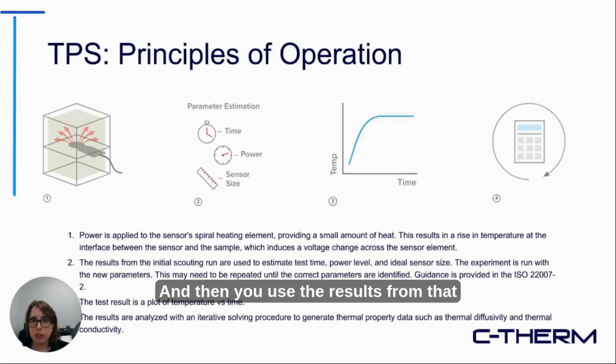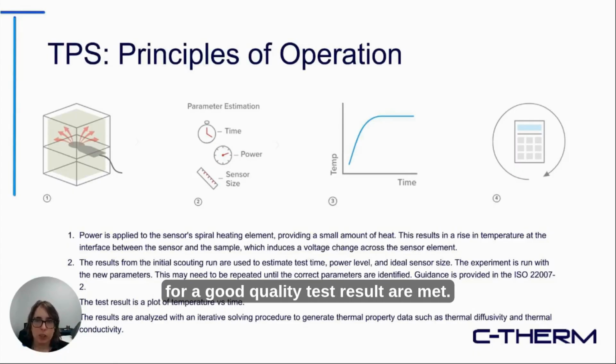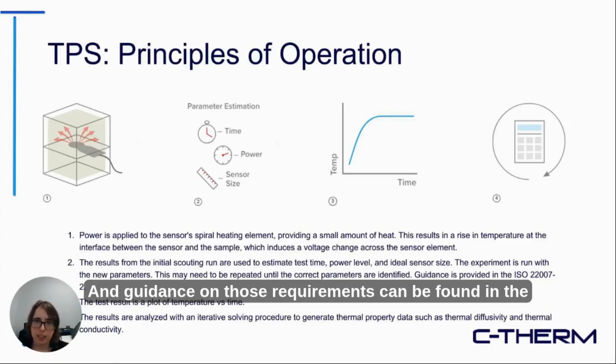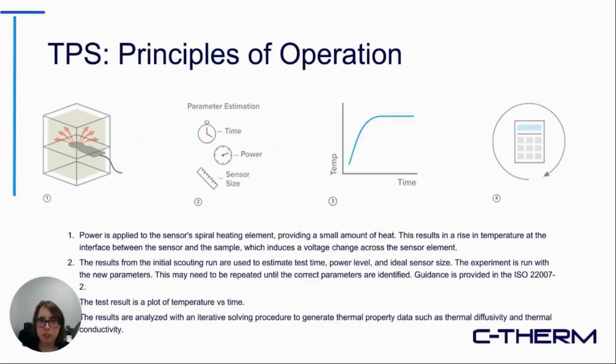And then you use the results from that scouting run to refine your test parameters. And you basically iterate in this process until the requirements for a good quality test result are met. And guidance on those requirements can be found in the ISO standard for this method, ISO 22007-2.